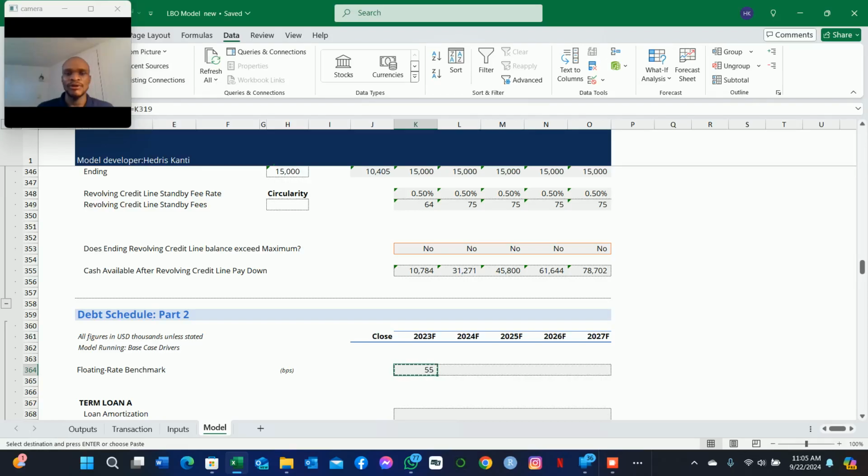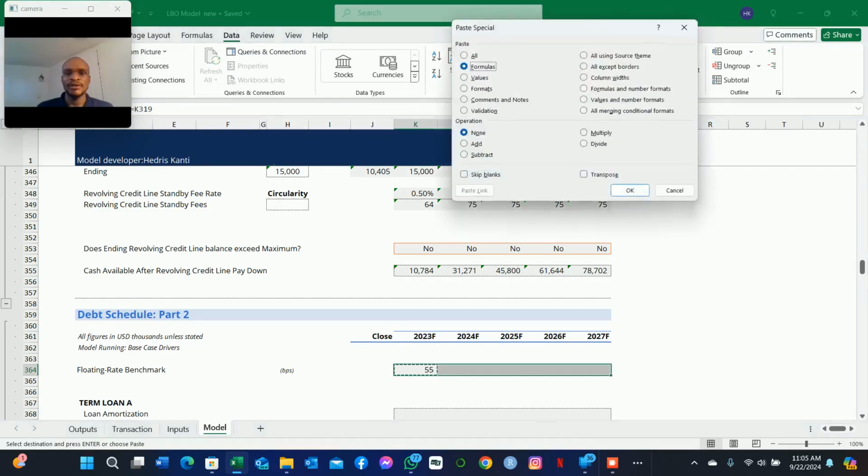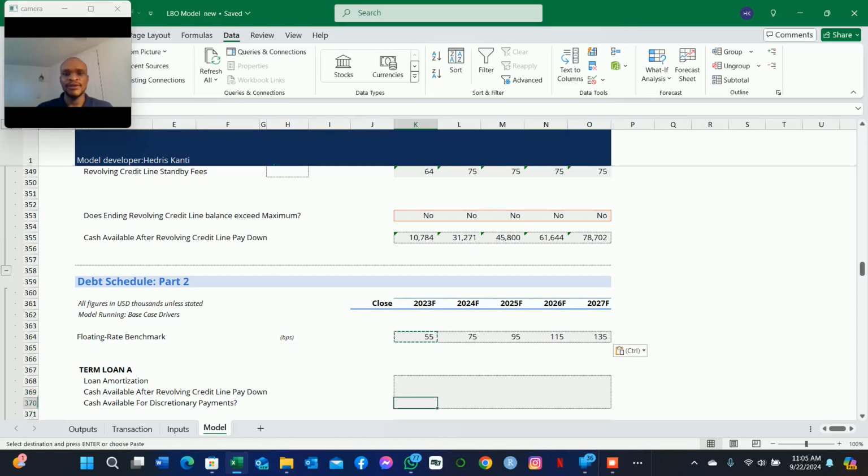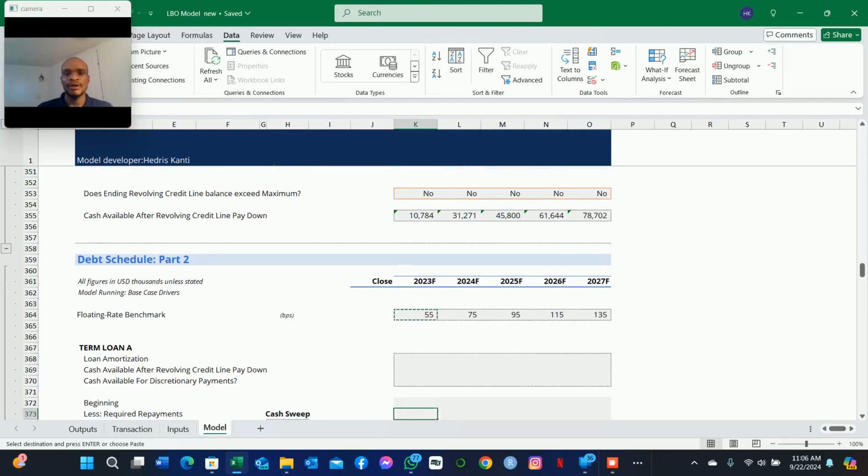So we reference that floating rate benchmark, which might include a margin and a swap rate. We know that going forward the term loan A is also very secure debt, so we have an amortization schedule for it. We will have to make it very clean here.